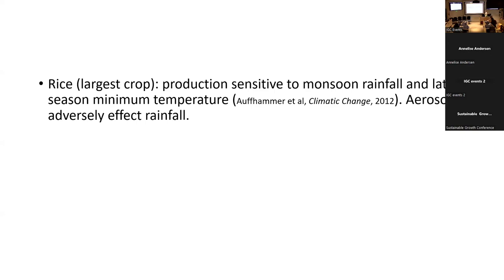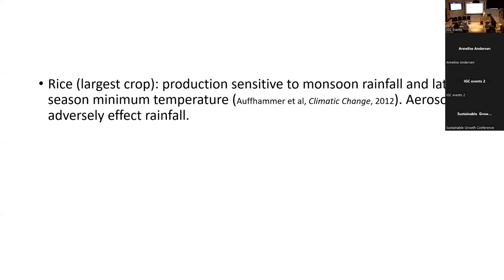There's an earlier literature which looks at effects on crop yields. There's a large literature in agronomy and the natural sciences on this, but I'm just talking about a few papers by economists, using the same kind of panel data methods but looking at yields of production. For India, rice is the largest crop.